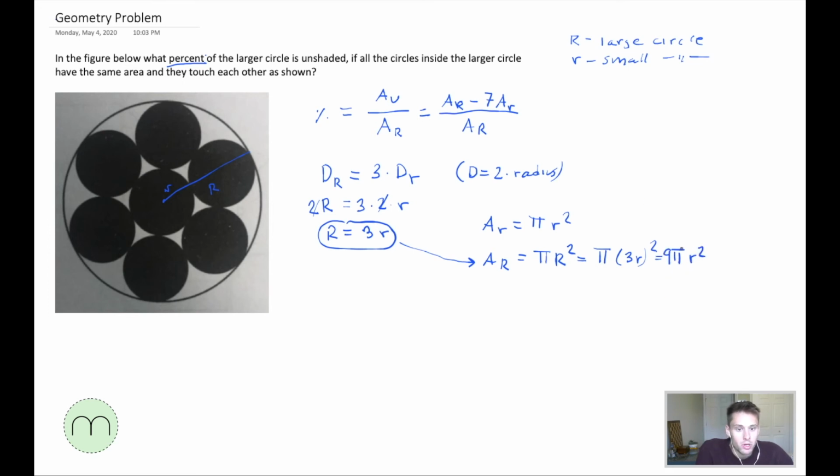And now we're going to plug those numbers back into our original equation. So for the area of the large circle, we're going to put 9 times pi r squared minus 7 times the area of the small circle, which is just pi r squared. And we're going to divide that by the area of the large circle, which is 9 pi r squared.